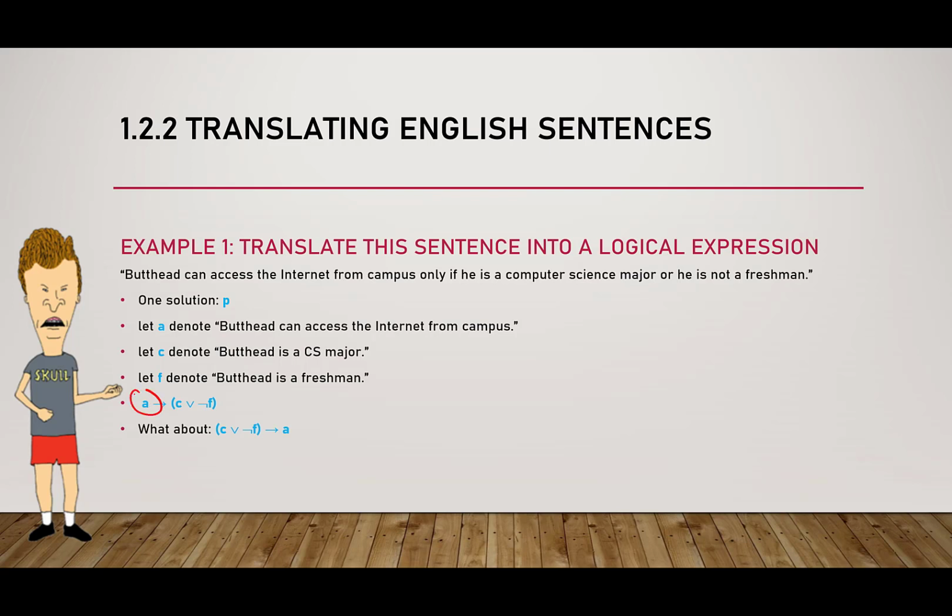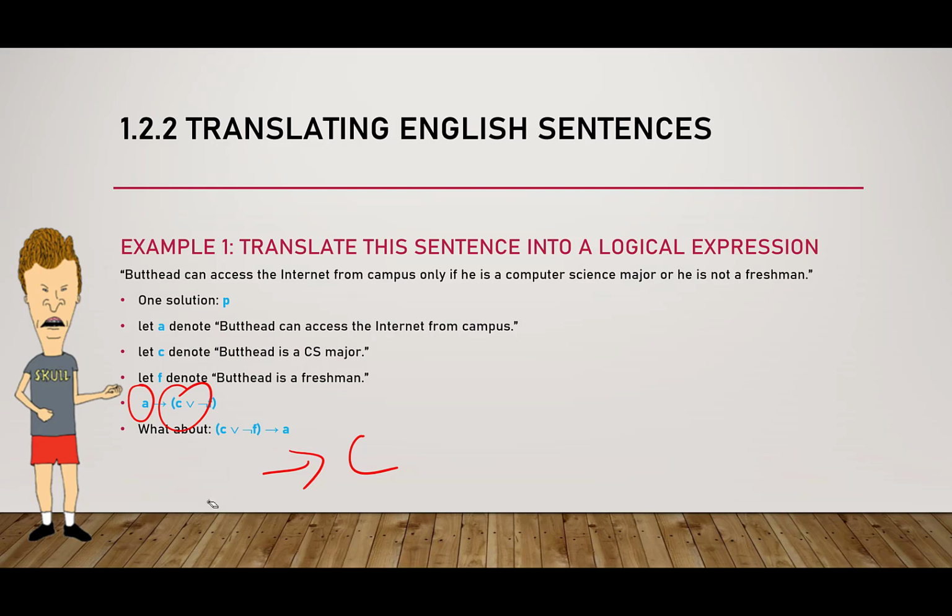If you're in the club, therefore you are a boy. But just because you're a boy doesn't mean you're in the club. That's not a true statement. This bottom one here would not be true. So if we see A as being in the club and C or not F as being a boy, then that would say if you're in the club, you're a boy. Well, by that same logic, we're claiming here that if you're a boy, therefore you're in the club, and that's silly.